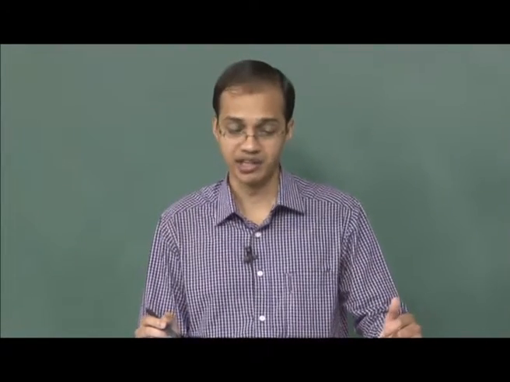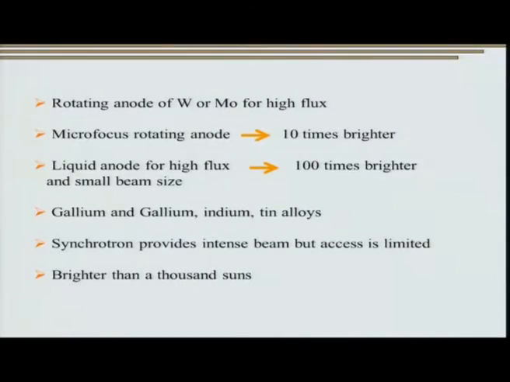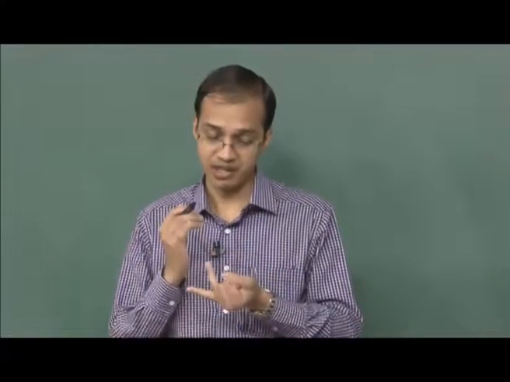Another recent development in the area of X-ray sources has been the development of what is known as the liquid anode X-ray tube. I would like to mention that the most important problem, the Achilles heel in getting high X-ray intensity in X-ray tubes as well as rotating anodes, is the removal of heat from the anode.